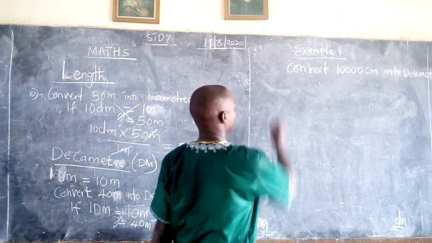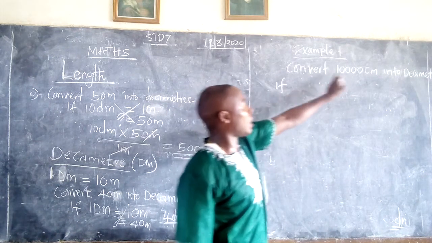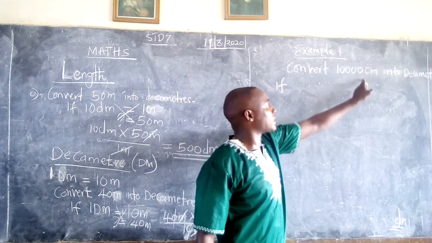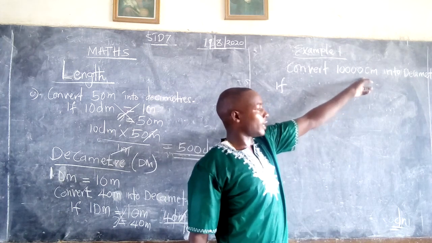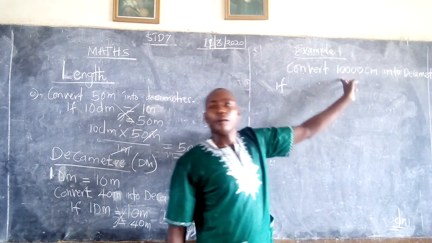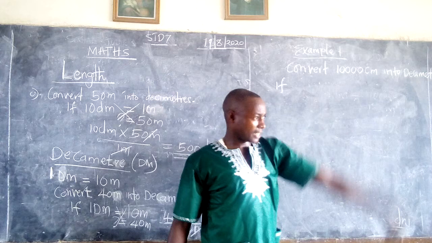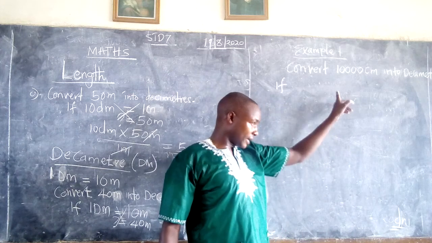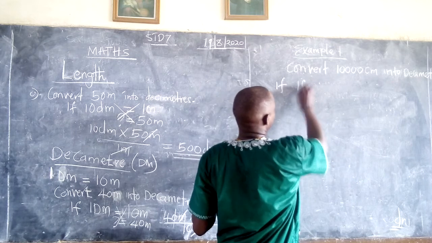So here you ask yourself, how many meters are there in 10,000 centimeters? To convert centimeters into meters, we always divide by 100.